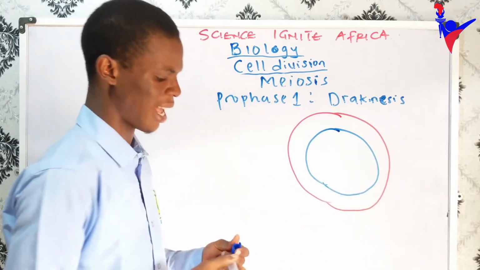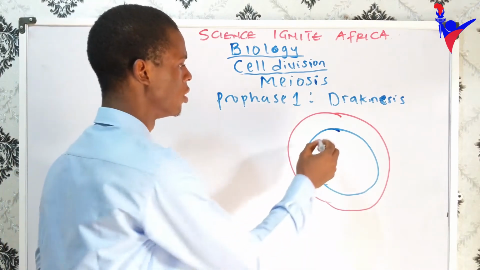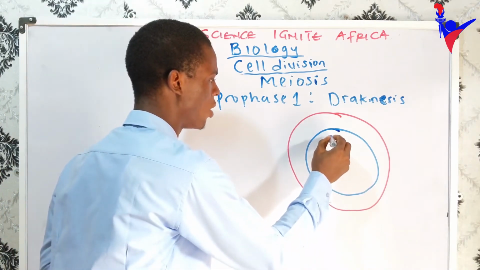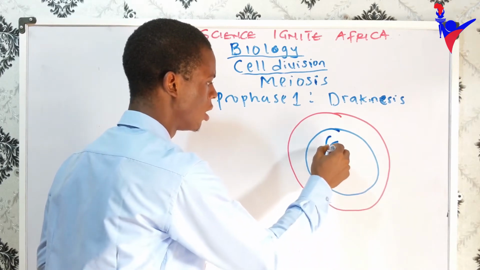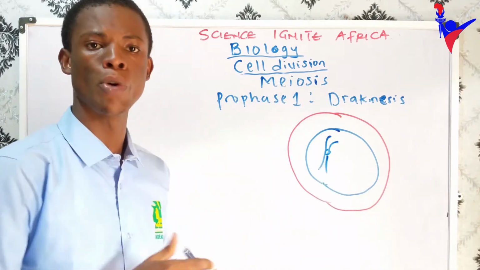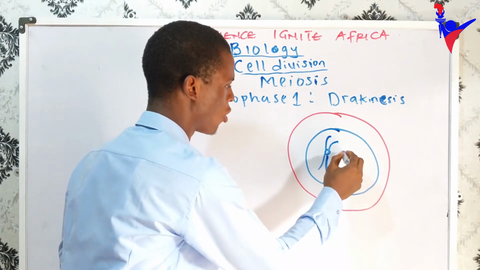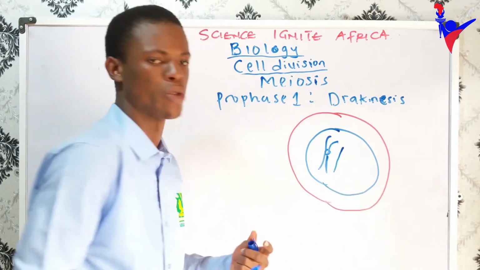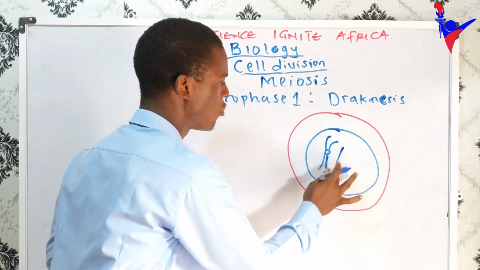The nucleolus has started to disappear, and you have your chromosomes. The chromosomes try to repel each other, having formed a cross-like structure. The chiasma is still visible, but you can see much more repellence in the chromosomes. They try to repel in the sense that they move apart.